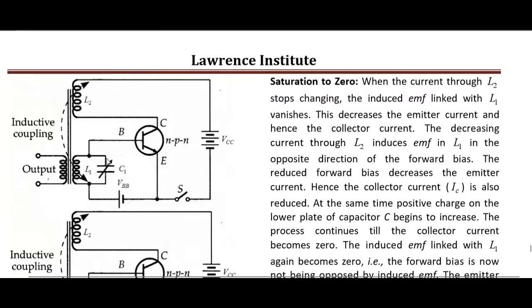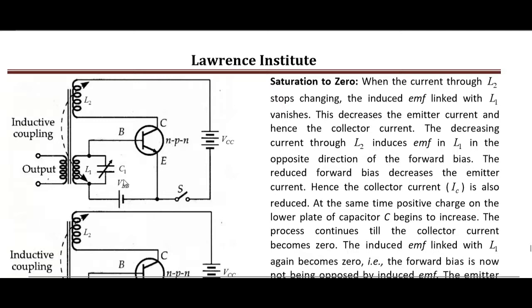Now the LC circuit gets energy and oscillations take place inside the LC circuit. These oscillations are fed back as input to the transistor. This battery VBB is responsible for keeping the emitter base junction forward biased during the positive as well as the negative half cycle of the input wave.